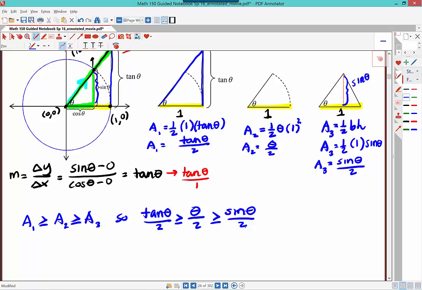So if we multiply everything in the inequality by 2 over sine theta, then we'll have what we had before.